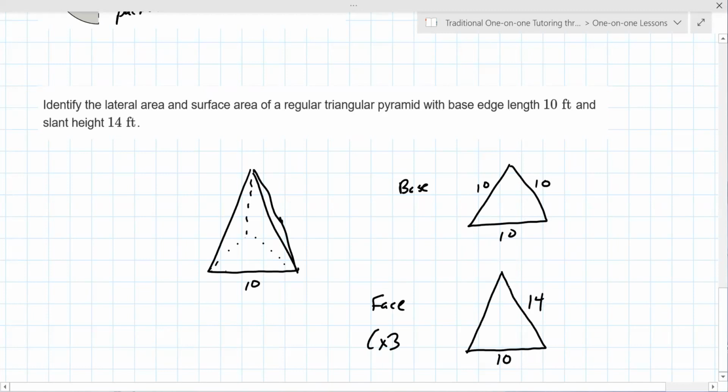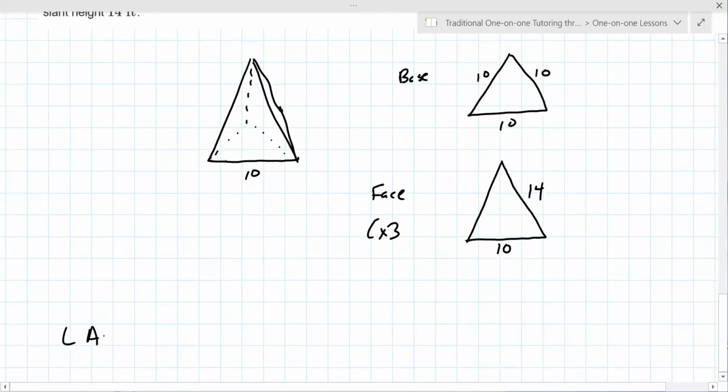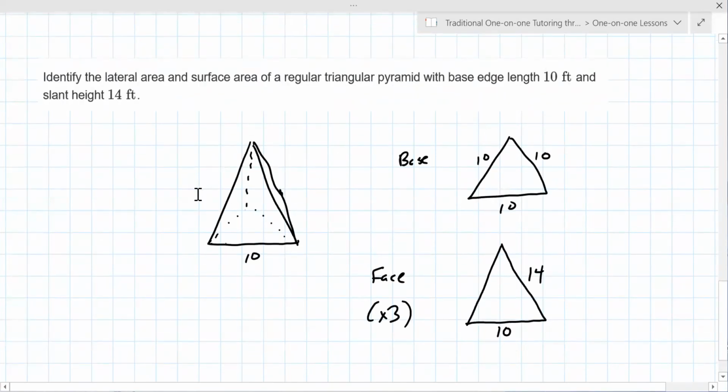So now to find the lateral area, we have to first find the area of this triangle here. I have a question. When it says a triangular pyramid, I know pyramids have 4 triangles. Are they just saying that this pyramid only has 3 triangles?